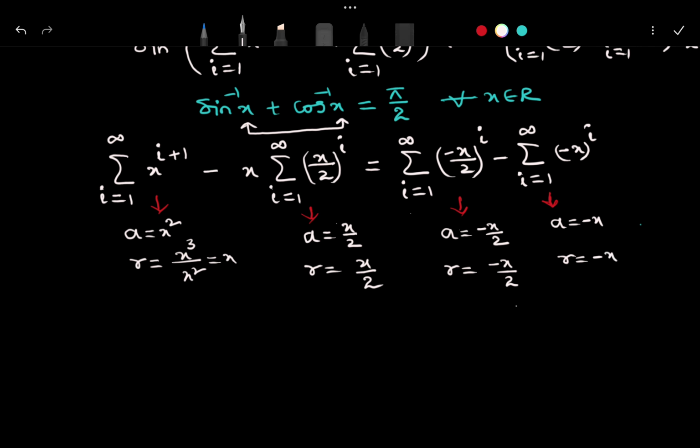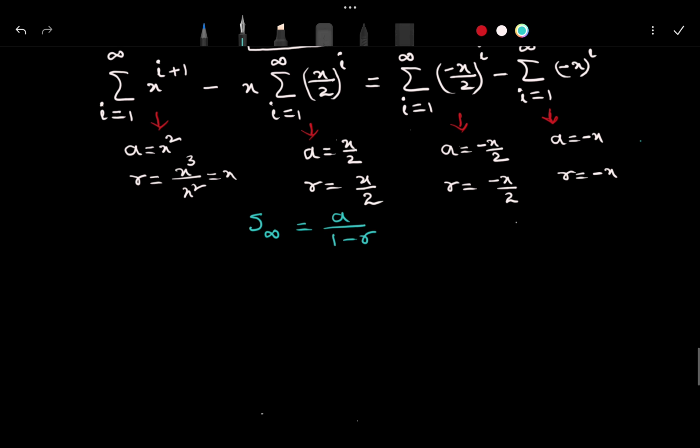You know what the formula is? The sum of infinite terms in the GP is S infinity equals a divided by 1 minus r. Now by using that formula, apply it one by one. For the first term, the sum of the infinite terms is x square divided by 1 minus r, where the r value will be nothing but x.